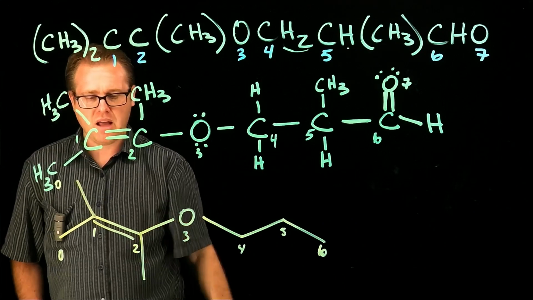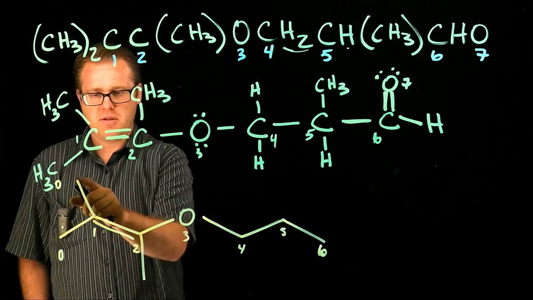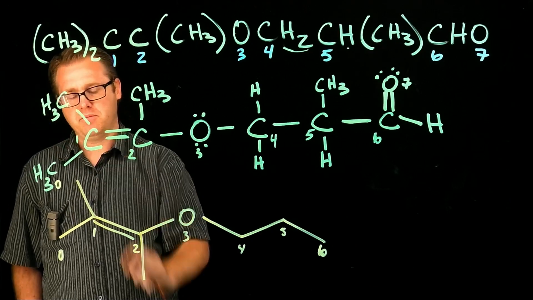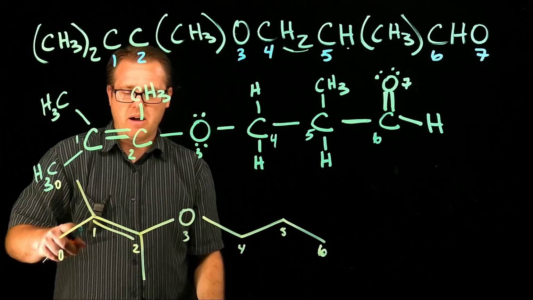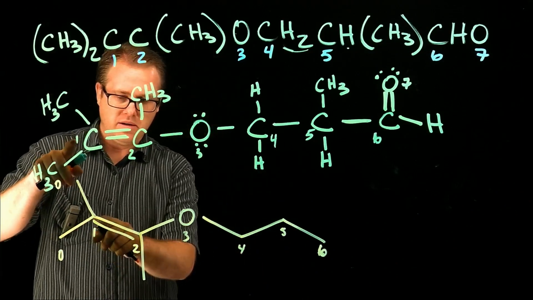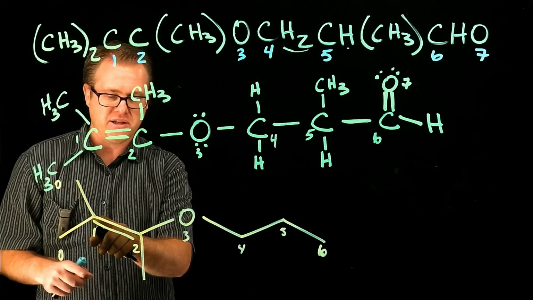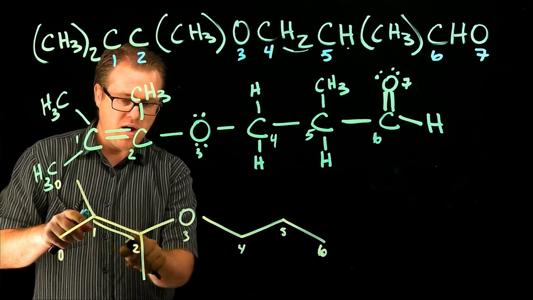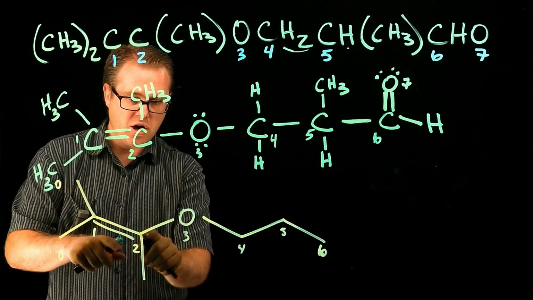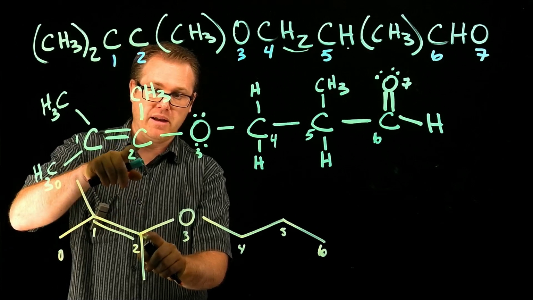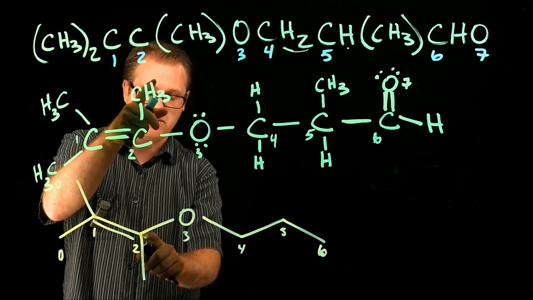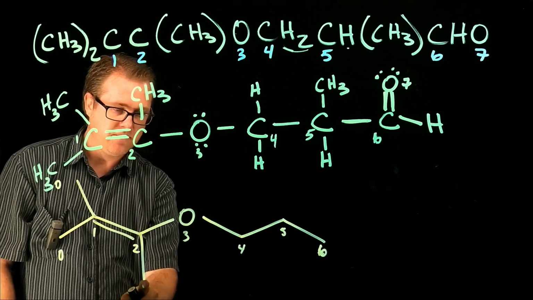So I'll just draw in a line. So that point right there represents that methyl group. So I'm just going from carbon 1 to making sure everything matches. Methyl, methyl, methyl, methyl, double bond, carbon 2 directly attached to an oxygen, oxygen, and then carbon 2 has this methyl, which is right there.